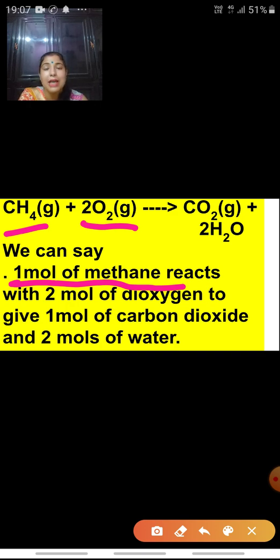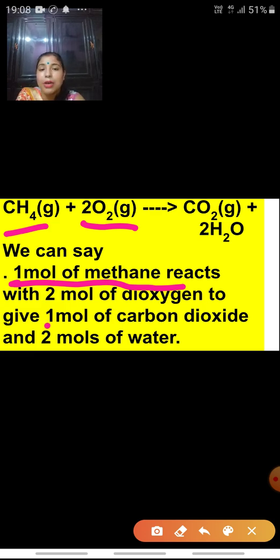The molecular mass for dioxygen is 16 into 2, which gives 32. So 2 moles of dioxygen can be written as 2 into 32 grams of O2. You will say 16 grams of methane reacts with 2 into 32 grams of oxygen and results in the formation of 1 mole of carbon dioxide.